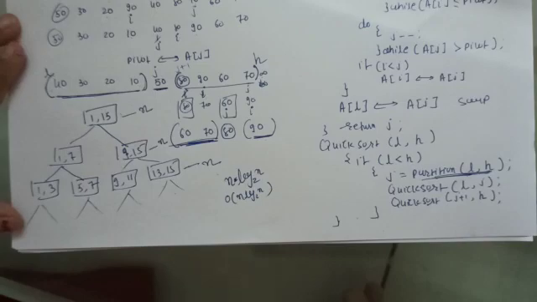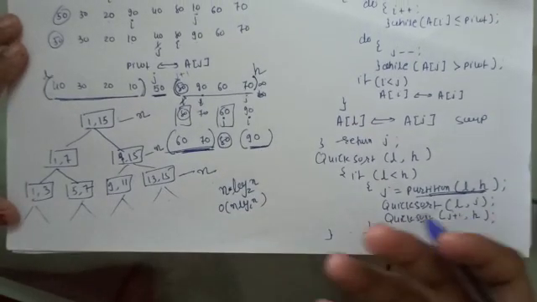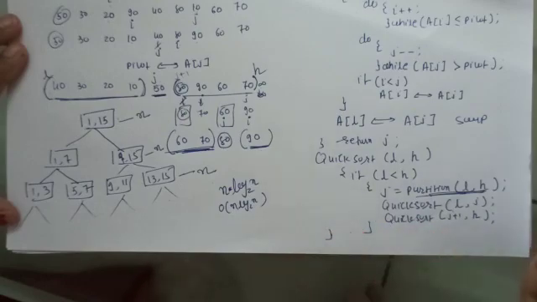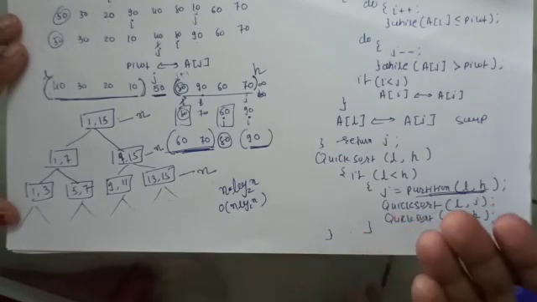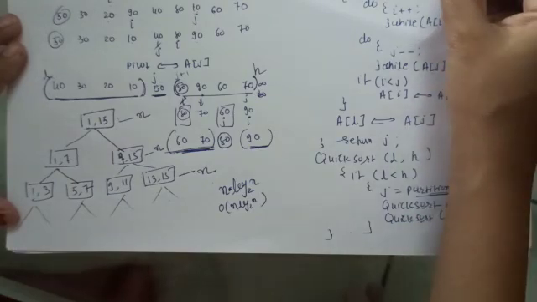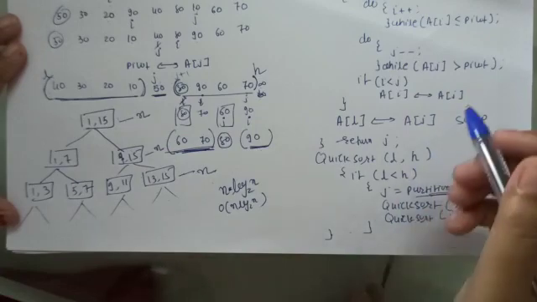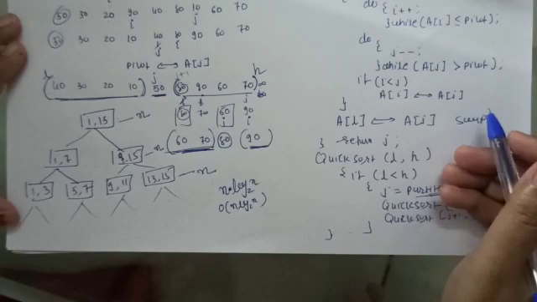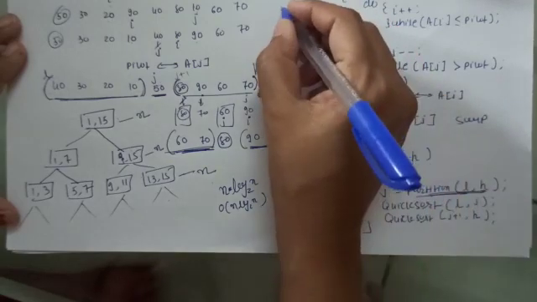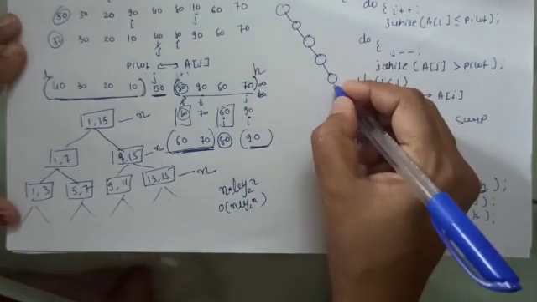But if the partitioning would not be performed at the middle, for example, take the example of elements that are already in ascending order. Just try to perform quick sort on this. That is the worst case for quick sort, and in that case the partitioning would be performed in a right skewed tree.